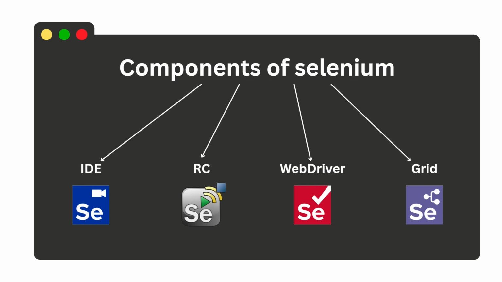So let's move to the third component and the most important component of Selenium, that is Selenium WebDriver. Selenium WebDriver helps us perform user actions on the browser programmatically. So what we do is write some program and try to simulate user actions on the browser, and this is what Selenium WebDriver is used for.